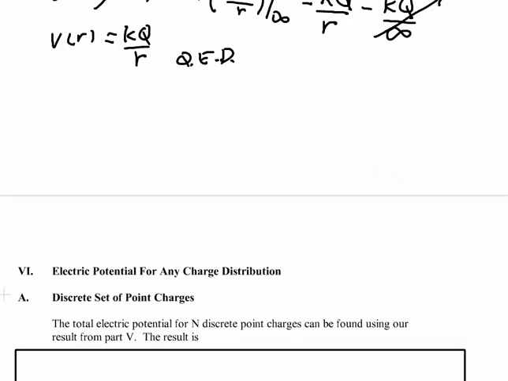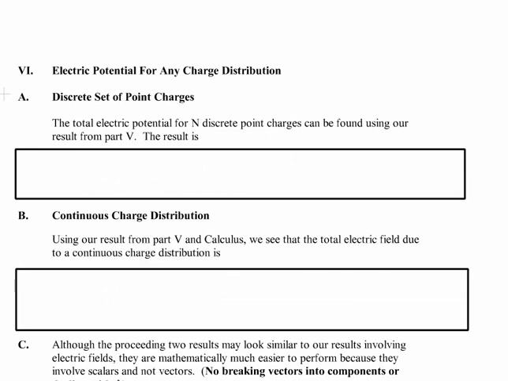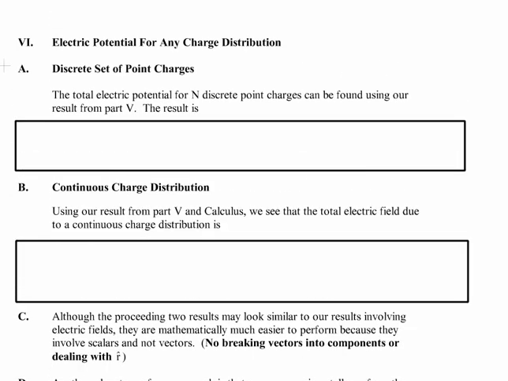Now, once I have this formula, I can extend this to dealing with continuous charge distributions as well as discrete point charges. For discrete, you just simply add up the contribution for each point charge, so you get the sum from i equal 1 to n of V sub i, that is the voltage for each charge, which is simply the sum from i equal 1 to n of k times the charge divided by the distance r sub i.